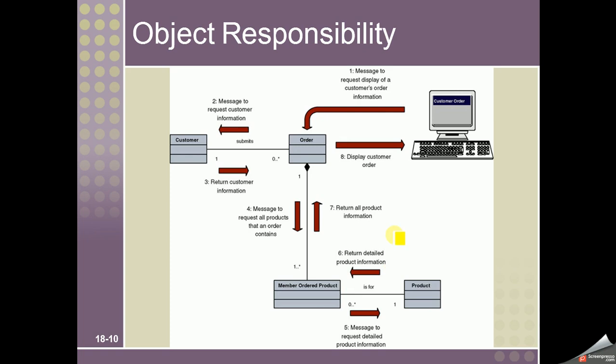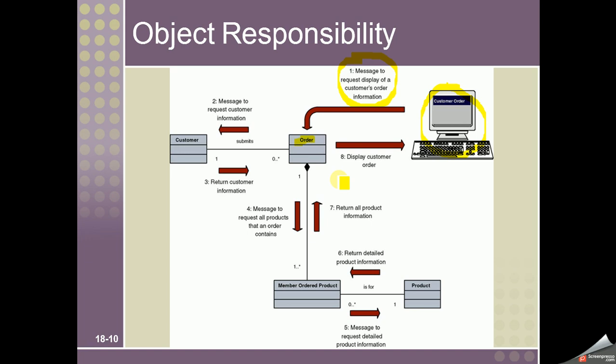For example, here we have a scenario for placing an order for the user. So first of all, the user sees an interface and a message is sent to request the display of the customer order information. Now for customer order information, first we need customer information, and second we need the product information, right?